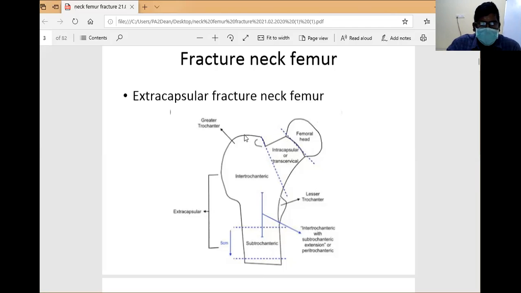The capsule extends from the greater trochanter to lesser trochanter, and posteriorly it is a free end, and it extends downwards. All this is extracapsular and this is intracapsular.